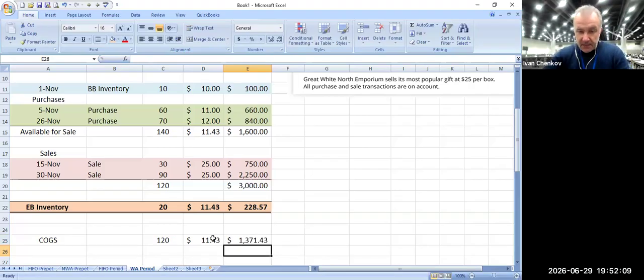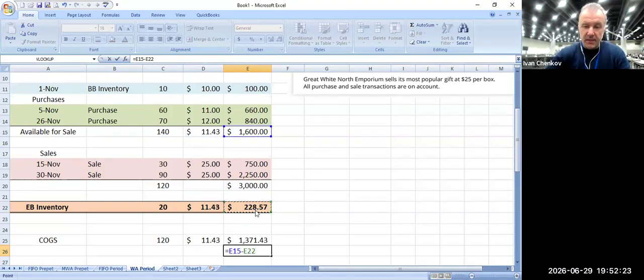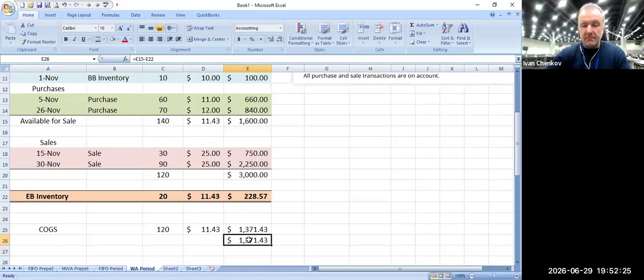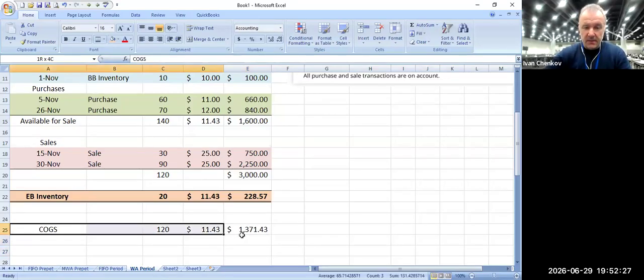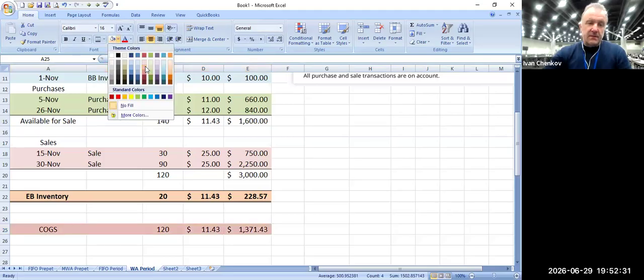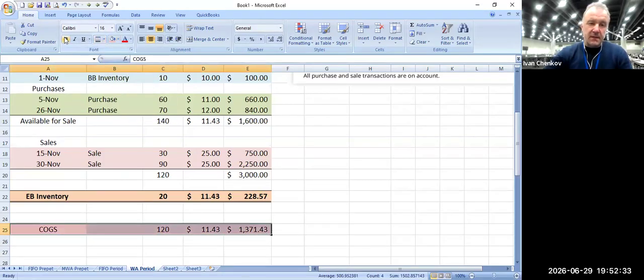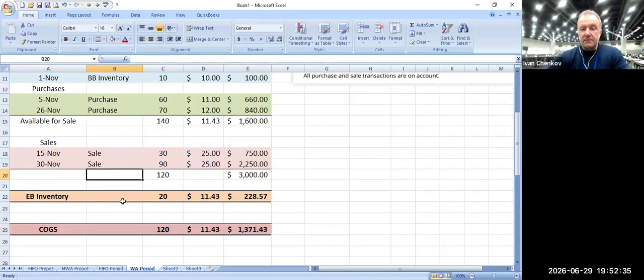Now, sometimes, because of the rounding, there's a mistake. So what you can do is apply the same thing: available for sale minus the ending inventory balance. Let's see if we get the same numbers. We're getting the same numbers. So in this case, the rounding is eliminated. So let's highlight this. That's our cost of goods sold.